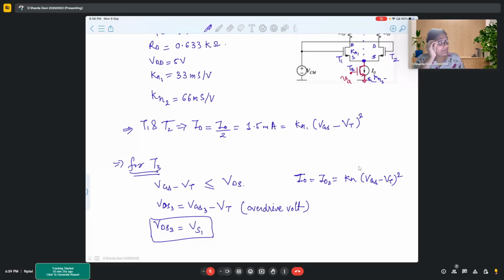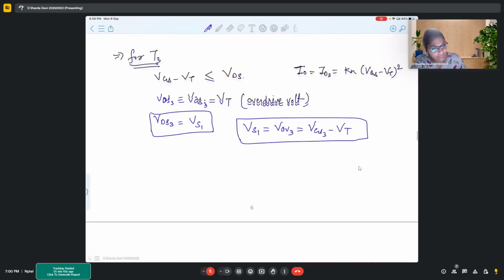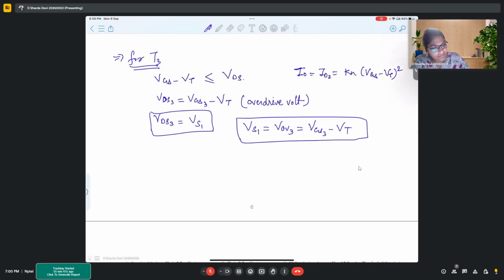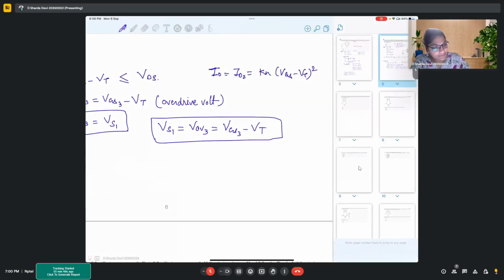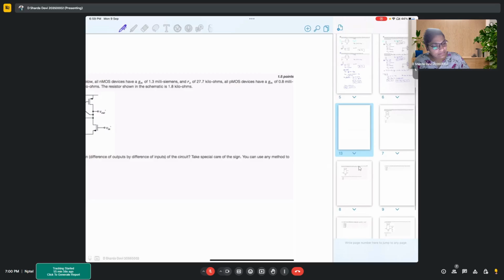From the circuit that we are observing, we can say that VS1 is equal to V overdrive 3, that is VGS3 minus VT, correct? Simply by looking at this particular circuit, we can say this.